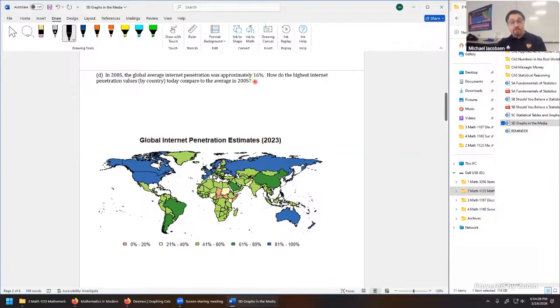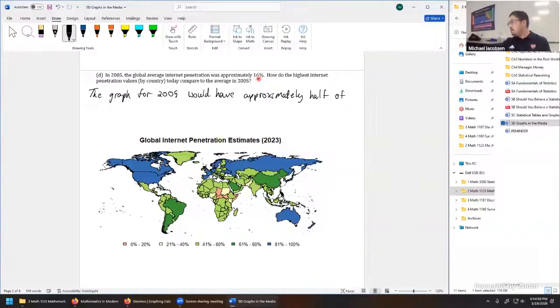If the average internet penetration was 16%, then we can say the graph for 2005 would have, they said it was an average, so I would say approximately half of the countries in, well, 16% goes in this range.